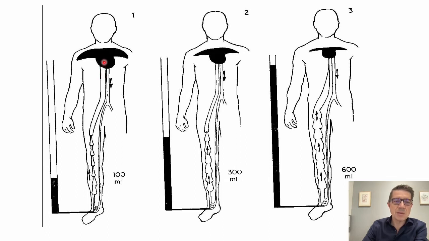So from the vena cava it makes it back to the heart. If we keep standing for a long time and your legs are quite relaxed, the amount of blood that stays in the lower part of the body, in the lower legs, increases more and more over time. You can see here some rough estimations from 100 ml of blood to 300 to 600.